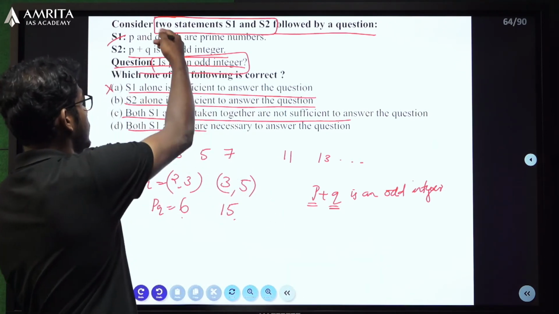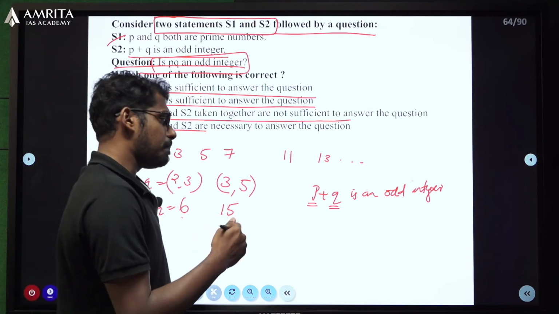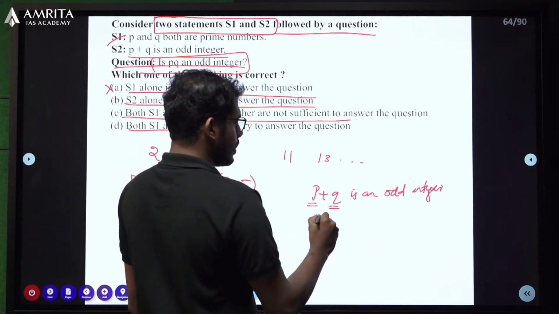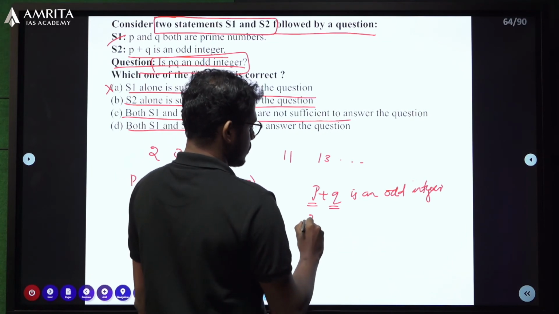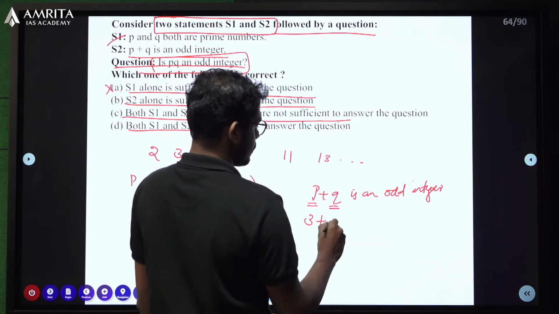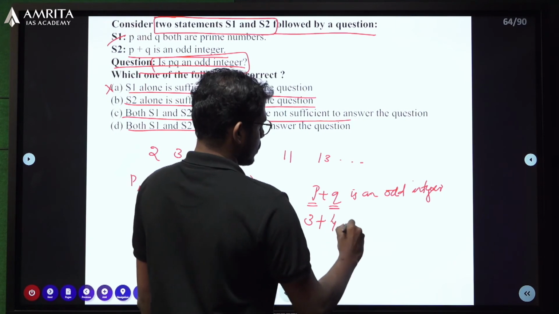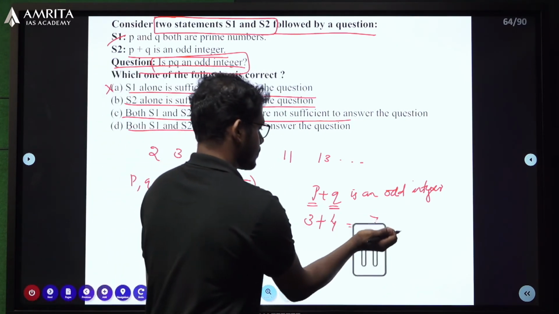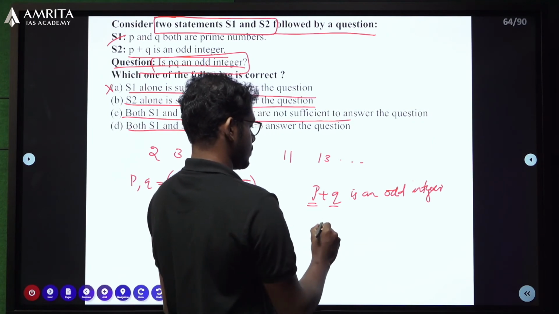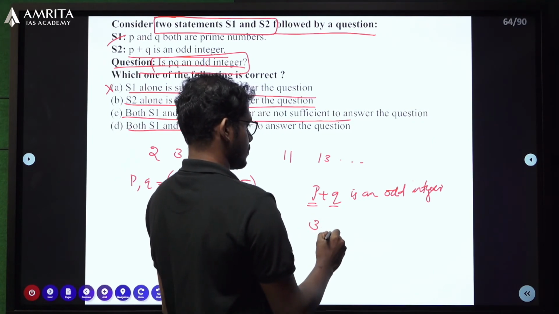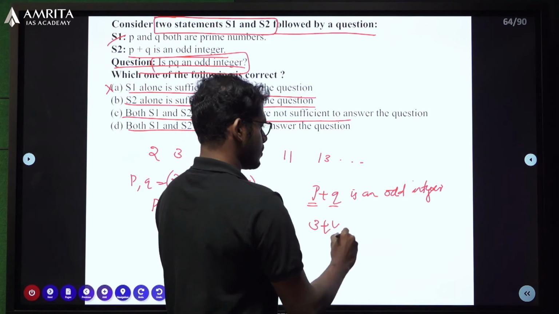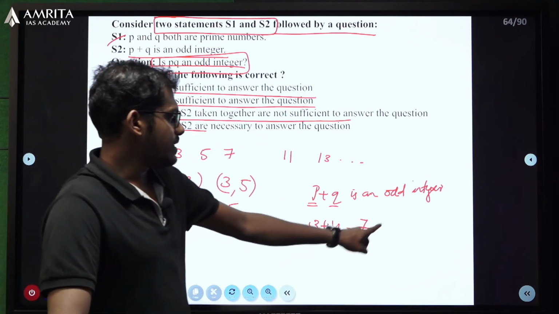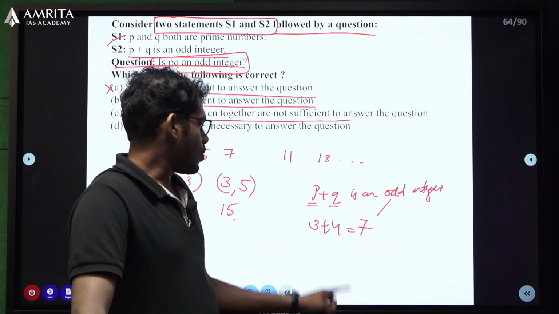Leaving the first statement, that is prime numbers, if P plus Q is to be an odd integer, for example, 3 plus 4 is equal to 7. 7 is an odd number.